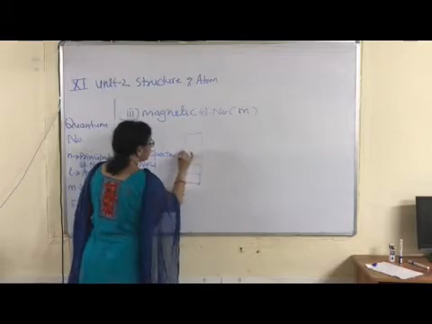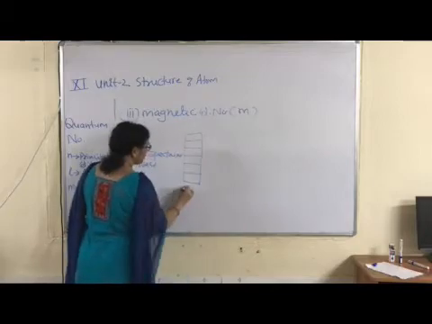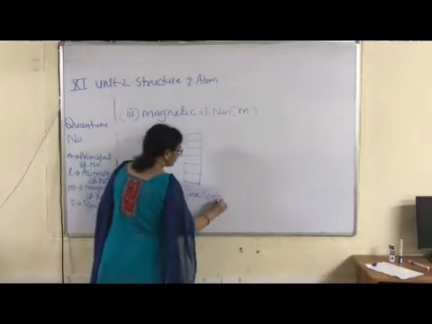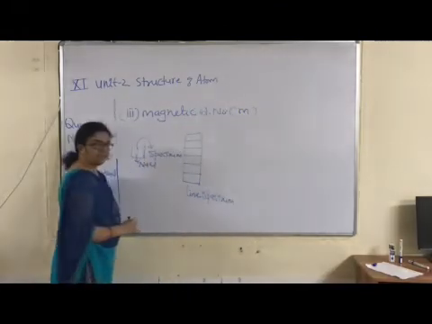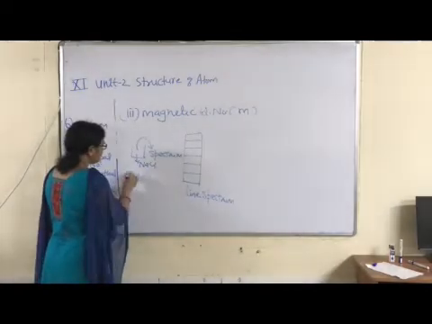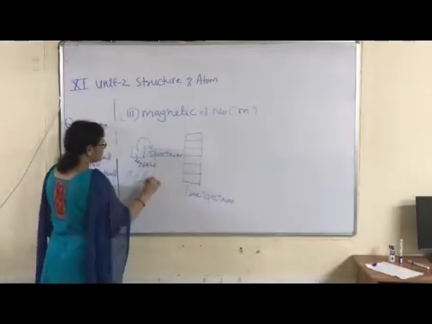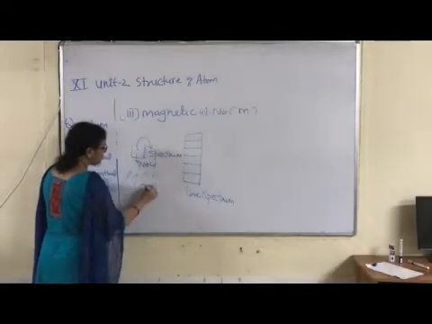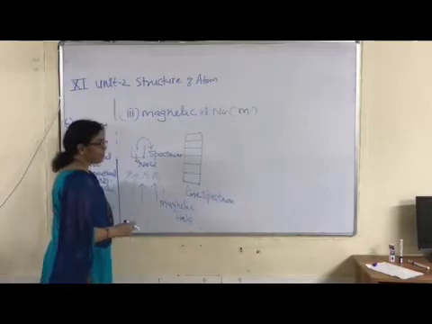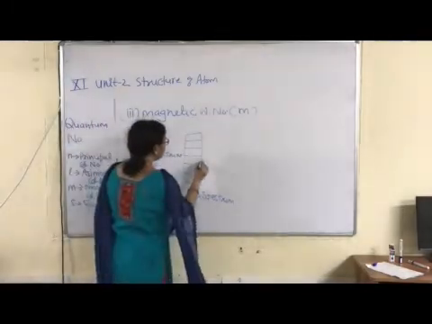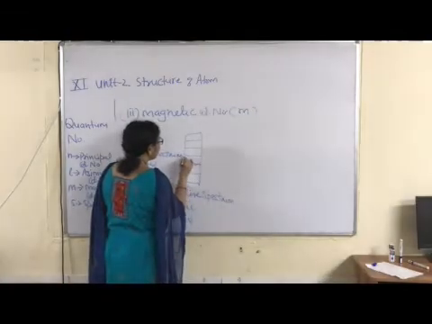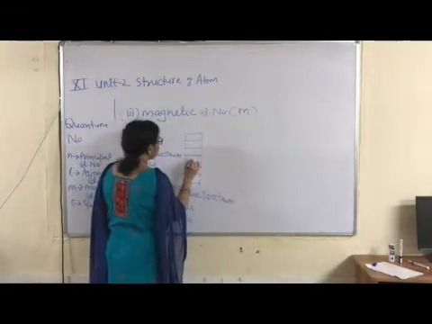This arrangement of lines is also known as a line spectrum. Okay, children? If around the substance which is forming a line spectrum, a magnetic field is applied, then what is observed? Splitting of the main line into fine lines, like this.